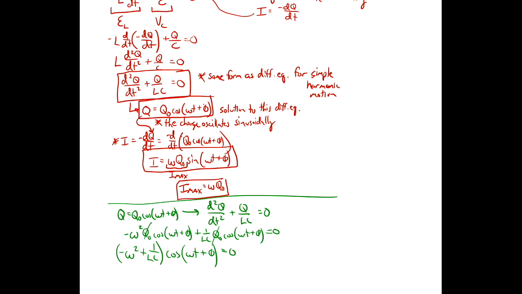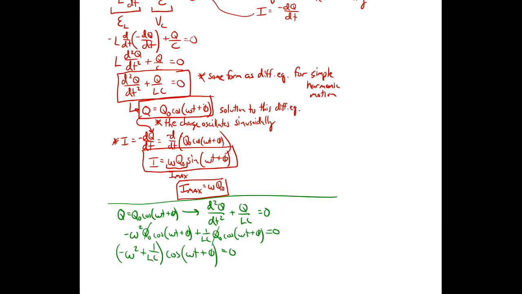I'll take a breath and let you catch up with the writing before we pull something out of this equation. So we've got equations for how the charge is varying. We've got an equation for how the current is varying with respect to time.